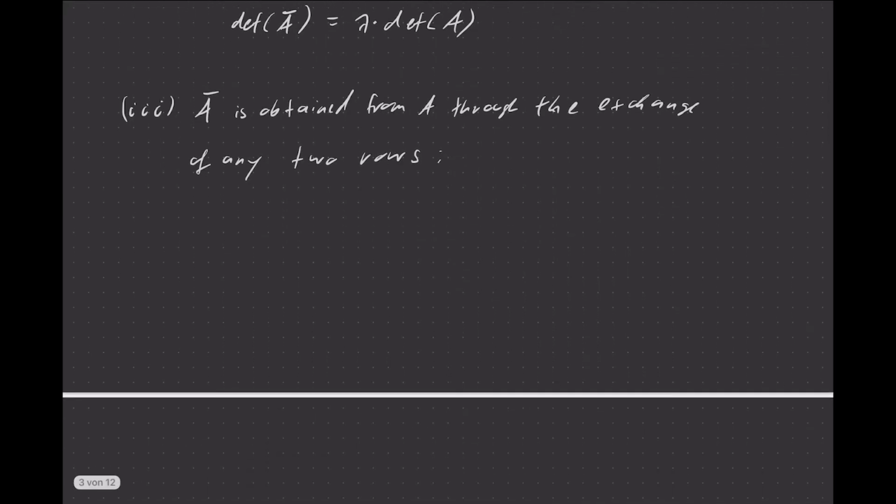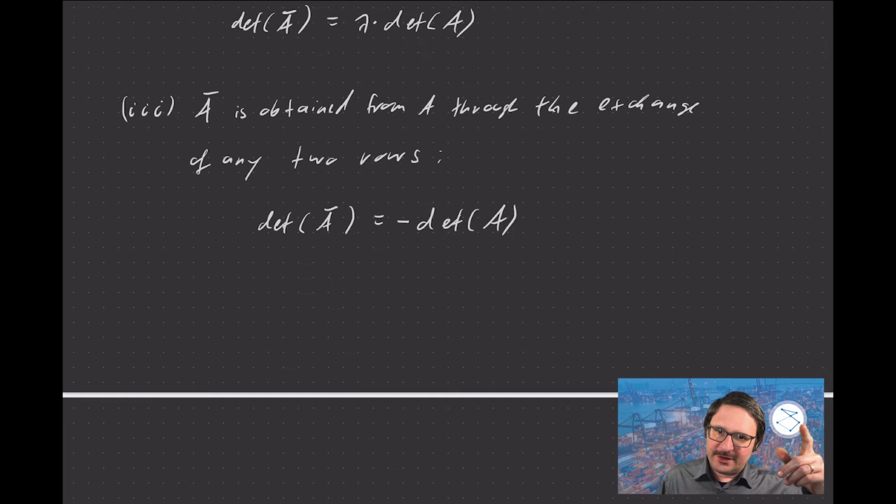Then the determinant also changes, but the change is very subtle, so to say. What does change is the sign. So the new determinant is minus the old determinant. So whenever you exchange any two rows, you also have to flip the sign of the determinant.